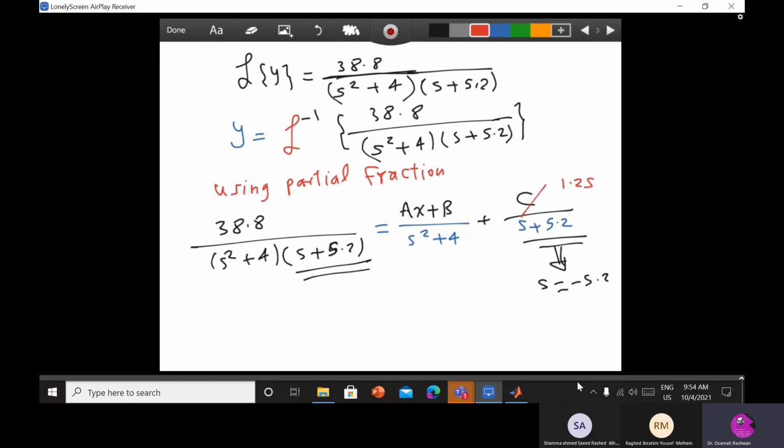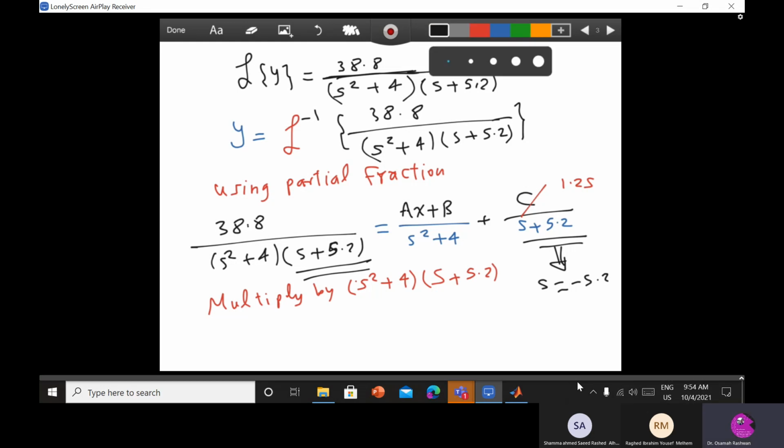How to get As plus B? We have to multiply by s squared plus 4 times s plus 5.2. So when you multiply by this one, what do you have? You have 38.8, right? Equal to, when you multiply this one here, you will cancel out this one with this one, right? So what's left?